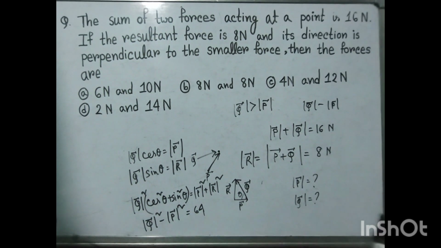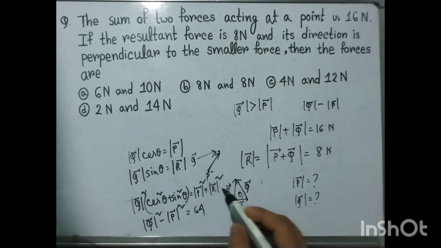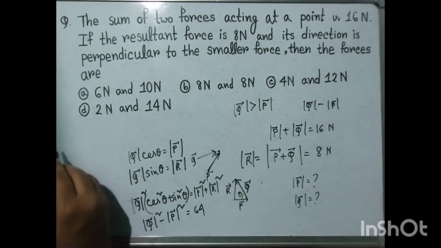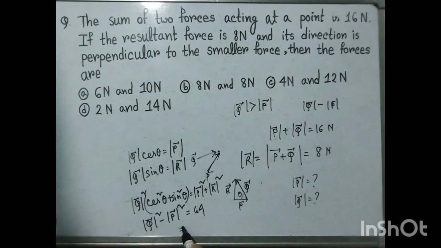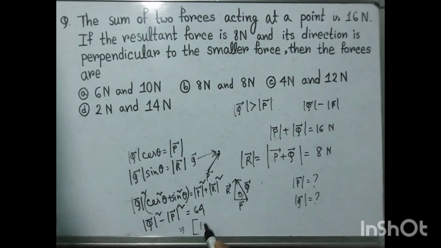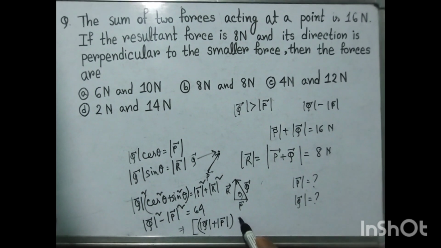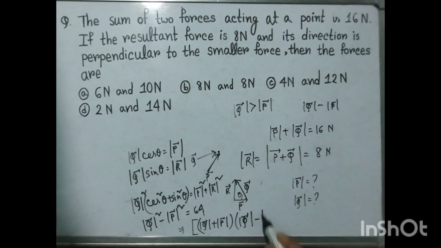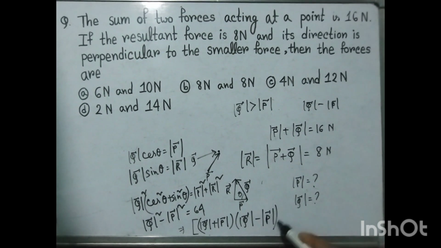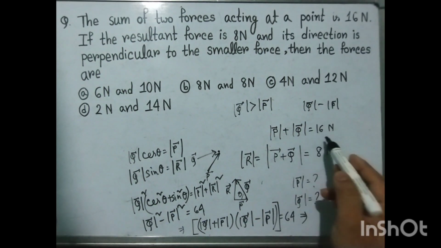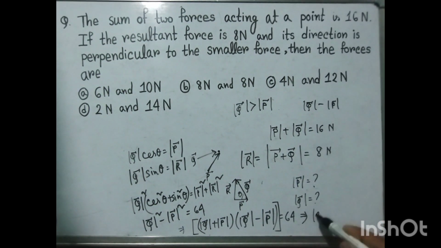So mod q square minus mod p square is 64. That means this will be equal to mod q plus mod p into mod q minus mod p, that is equal to 64. Mod q plus mod p is 16, so mod q minus mod p is 64 by 16, that is 4.